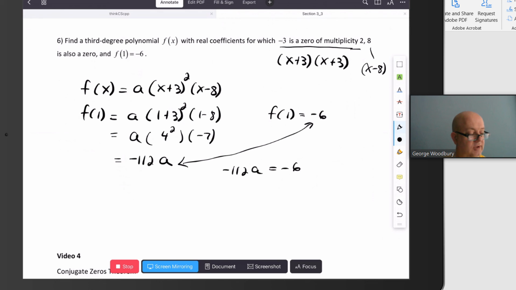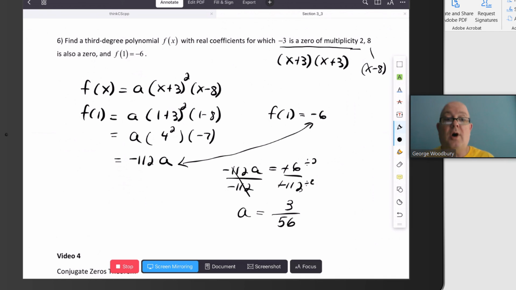-112a equals -6. Divide by -112. A negative divided by a negative is positive. 6 and 112 are both even, so I know I can divide each of these by 2, and we end up with a equals 3 over 56.